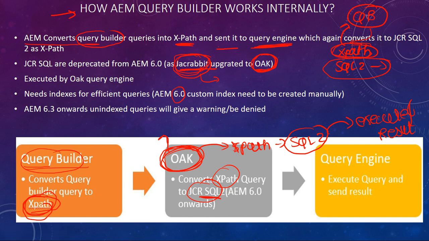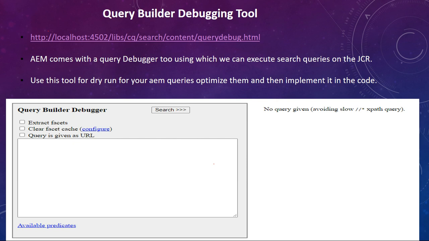They have already provided Oak indexing, and indexing means fast. Here is the path that we have. If you want to try and run the queries, you can simply use this one.